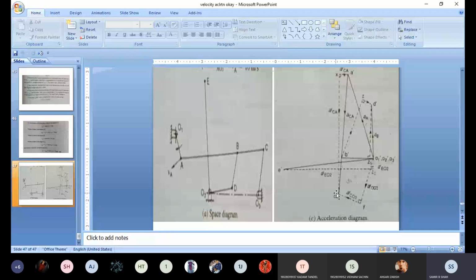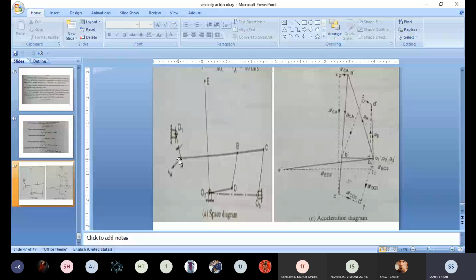So our A dash x radial part and x c dash tangential part, and y c dash tangential part, intersect at point C dash. As shown in the space diagram, AC and O3C intersect at C. Same way, the tangential part of O3C and the tangential part of AC intersect at C dash.